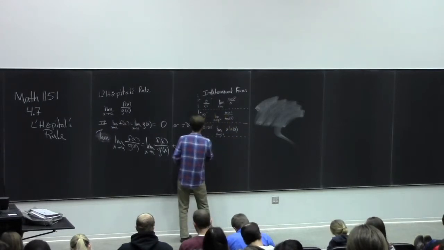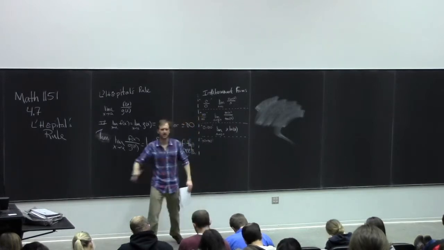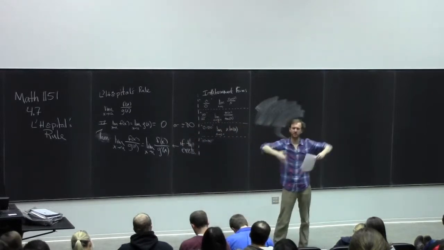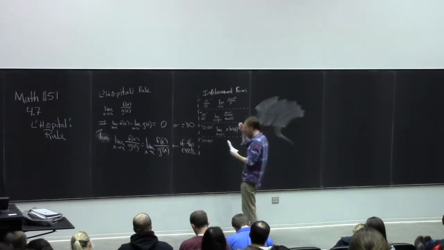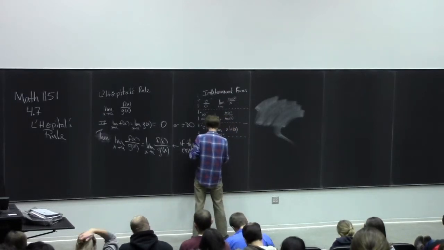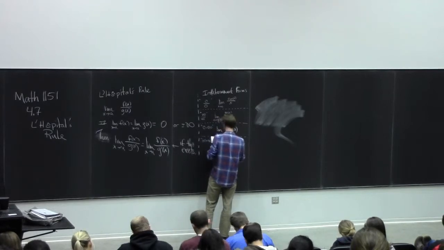Okay, here's another one. Infinity minus infinity. That would be like something's getting big and something else is getting big, and you're subtracting them, and hopefully the infinities somehow mysteriously cancel out. So an example of that would be limit as x goes to 0 of cotangent of x minus cosecant of x.